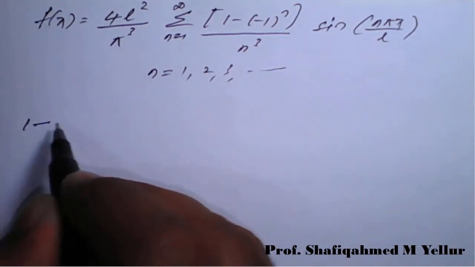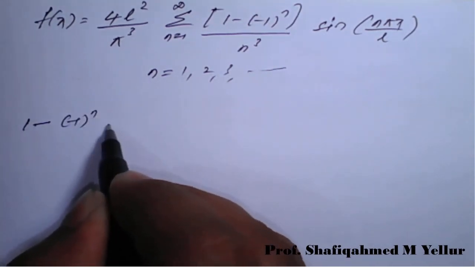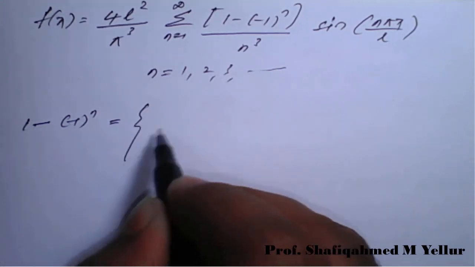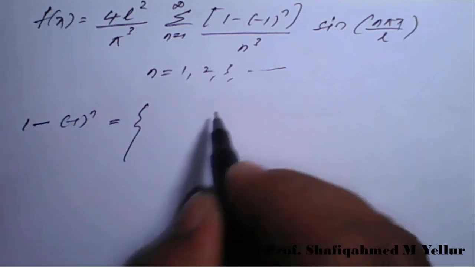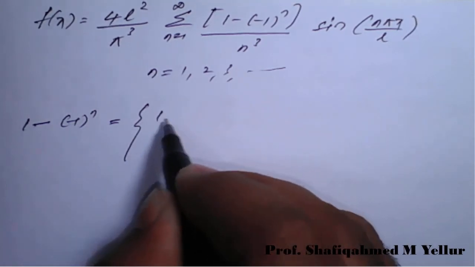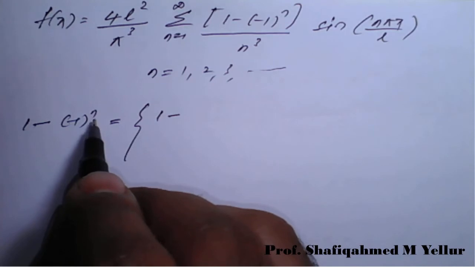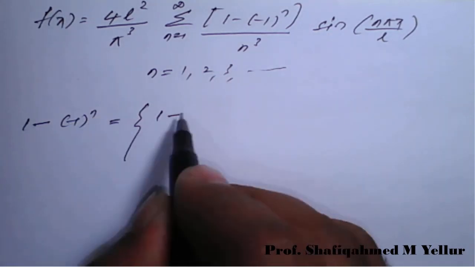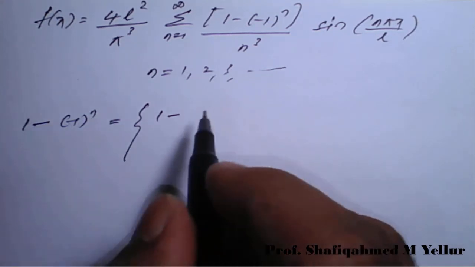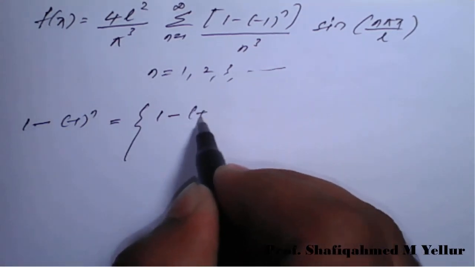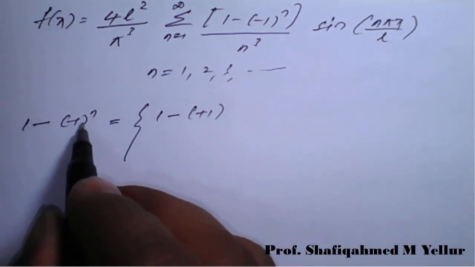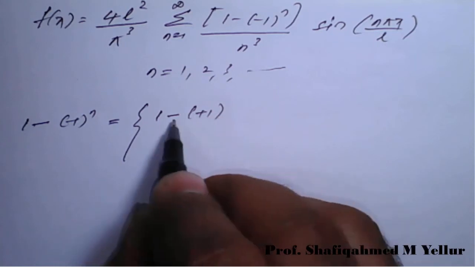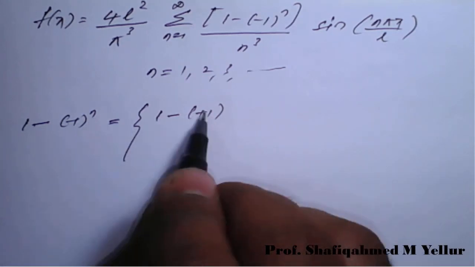If n is even, that is 2, 4, 6, it will become a plus sign, and if n is odd, it will be a minus sign.